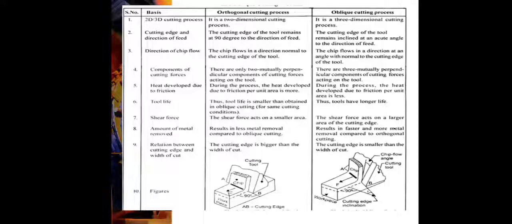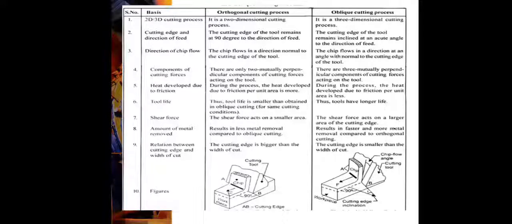As for the direction of chip flow, the chip flows in a direction normal to the cutting edge of the tool, while in the oblique, the chip flows in a direction at an angle with the normal to the cutting edge of the tool.